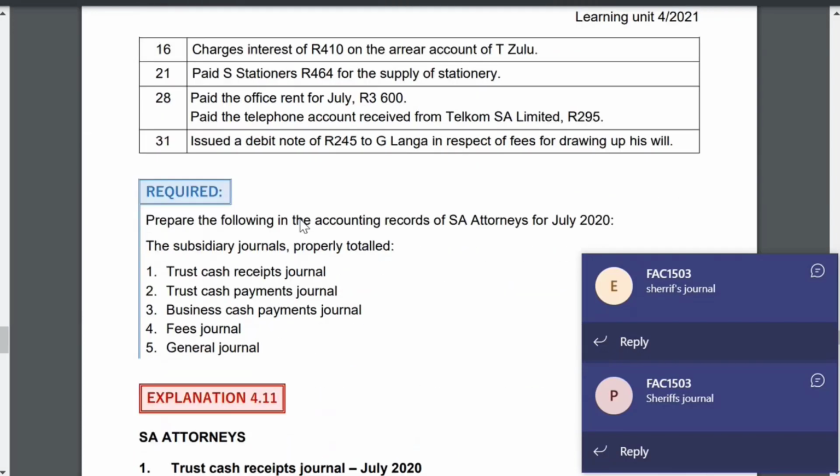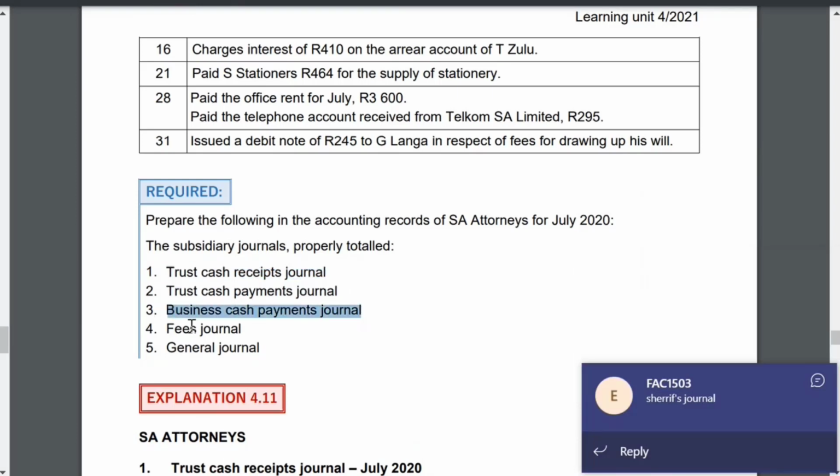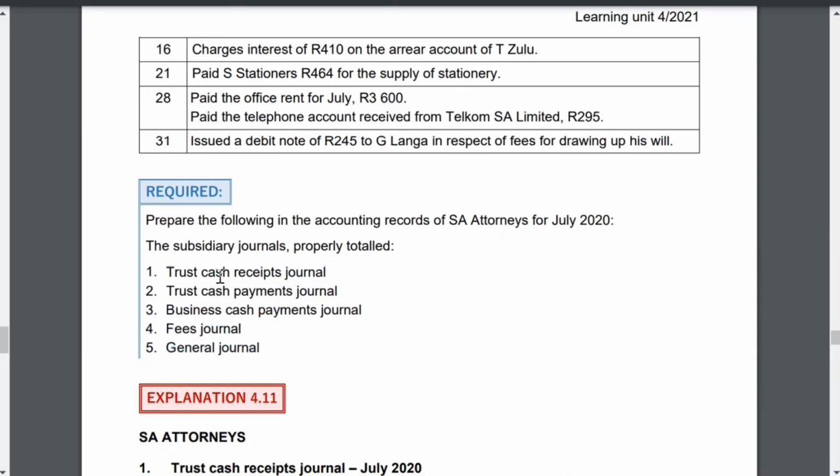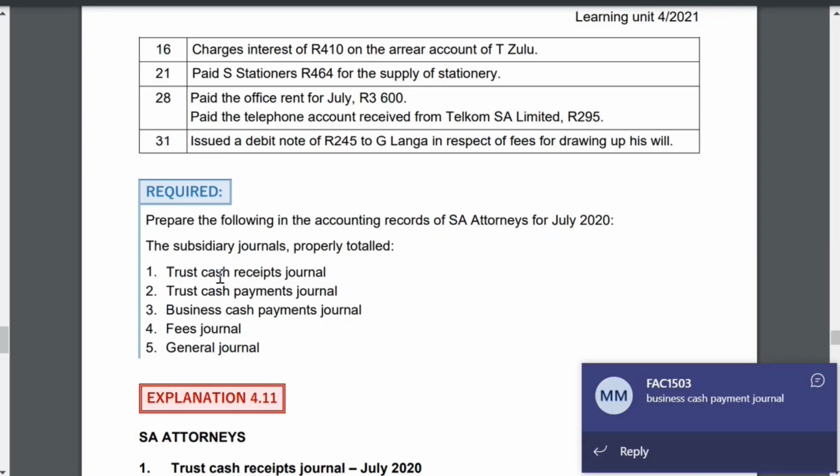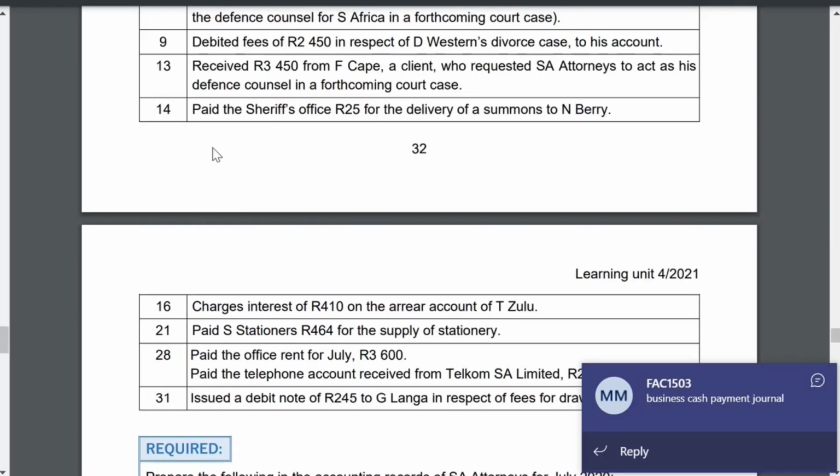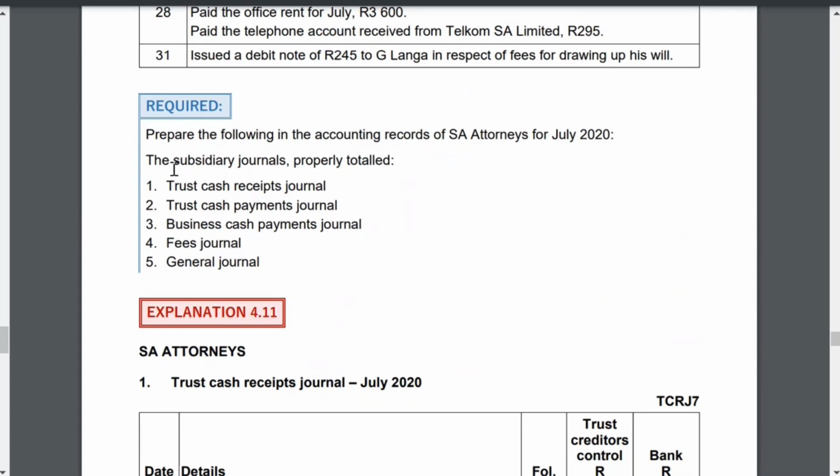So guys, the options that you have are trust cash receipts journal, trust cash payment journal, business cash payment journal, fees journal, and general journal. So these are the 5 options that you have for transaction number 14.